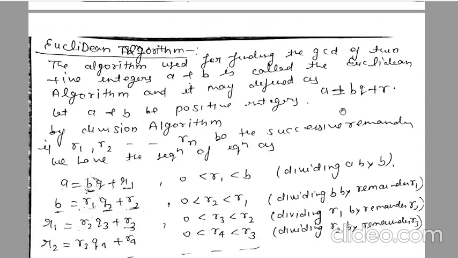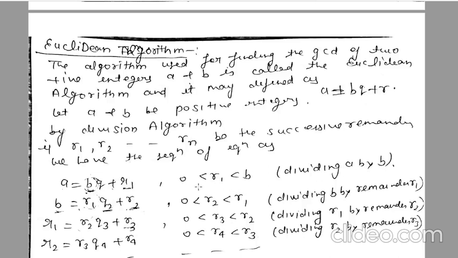So A is equal to BQ plus R. Remember this term, A is equal to BQ plus R. That means A and B are two numbers, Q is the quotient and R is the remainder, right? Then by the division algorithm, we take R1, R2 and so on, Rn as the successive remainders. So we can write A is equal to BQ plus R as A is equal to BQ1 plus R1, where 0 is less than R1 less than B, dividing A by B.